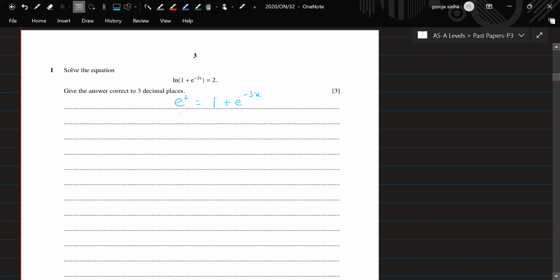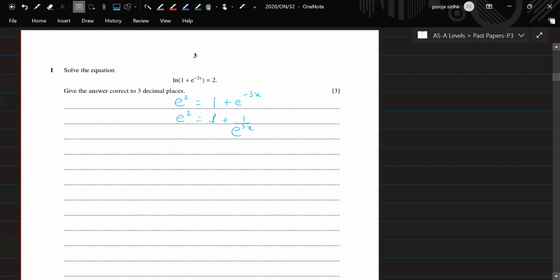E square is how much? 7.39. 7.389. Okay. So we'll write that as 7.389. And okay, I'll write this as next step. One more thing that I want to do here is 1 plus 1 upon e raised to power 3x, correct? That also happened, right? Yeah.